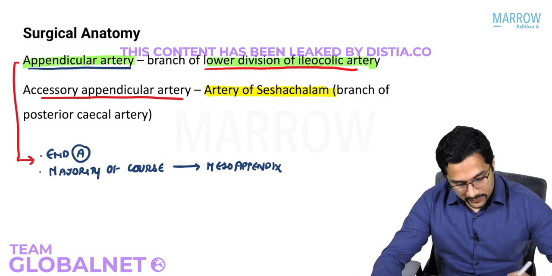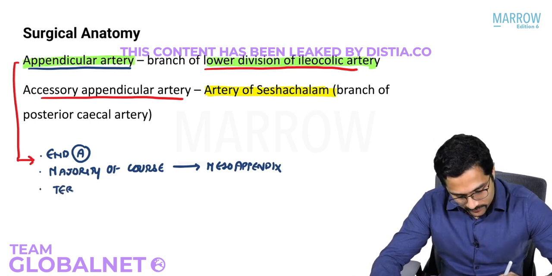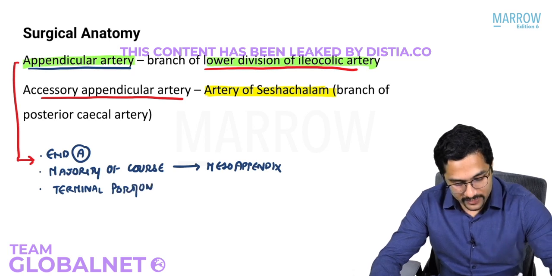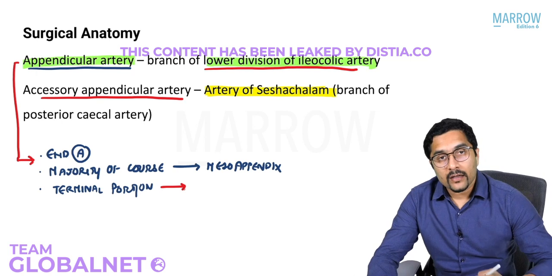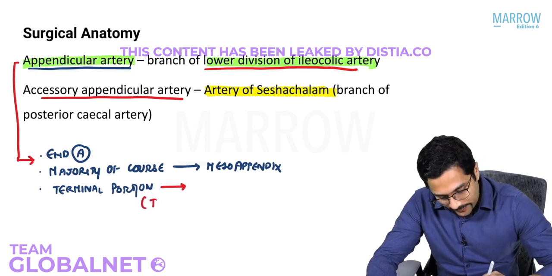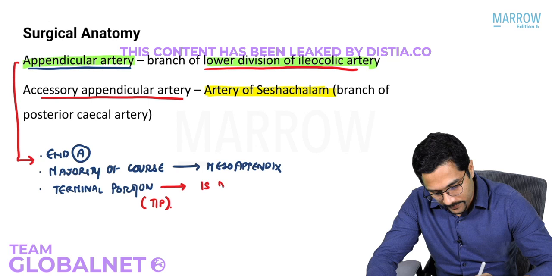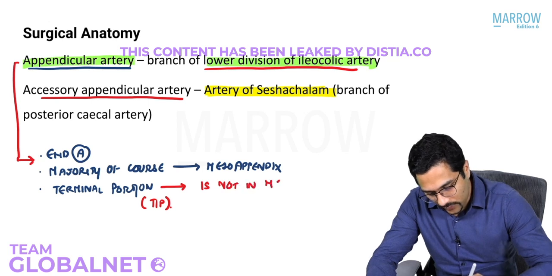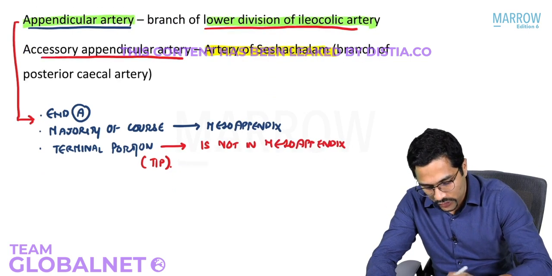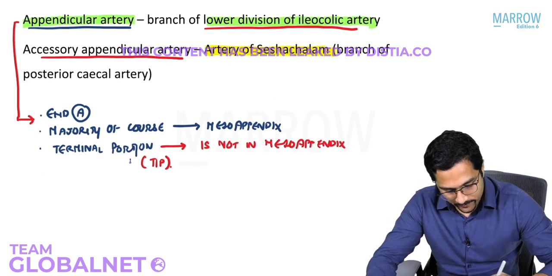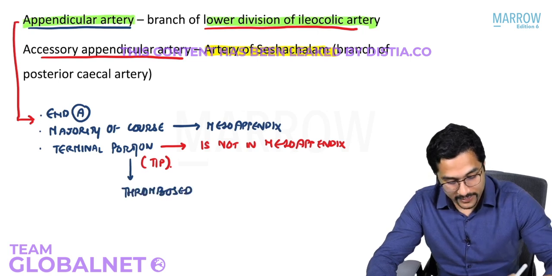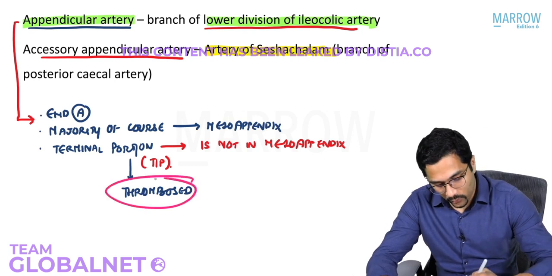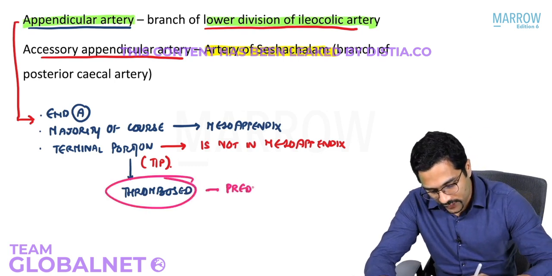Okay, but the terminal portion of the appendicular artery, that means in the region of the tip, is not in the mesoappendix. And because it is not in the mesoappendix in the terminal portion, this can get thrombosed when there is inflammation, and if this gets thrombosed, it can predispose to a perforation.